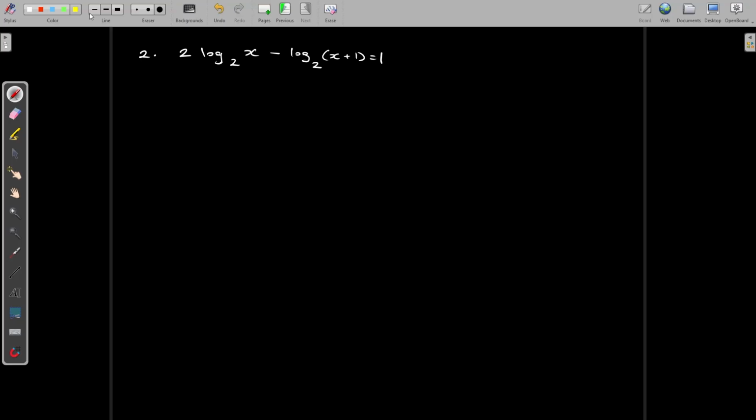Sir, you use the quadratic for the last part. Alright, so we need to rewrite this. So this will be log base 2 of x squared, so now we can combine this as a division.